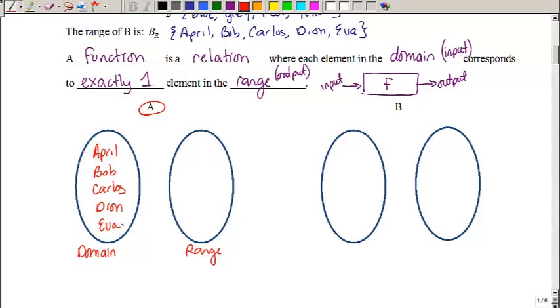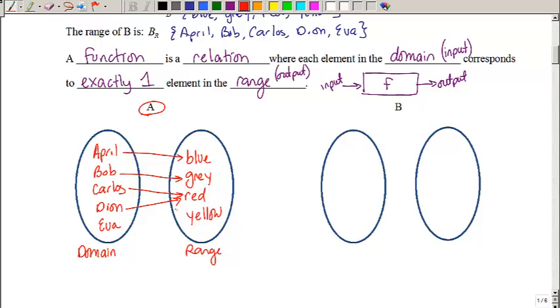Within my range, I have blue, gray, red, and yellow. And the mapping, or the correspondence, is April has a blue shirt on, Bob has a gray shirt on, Carlos has a red shirt, but also Dion has a red shirt.